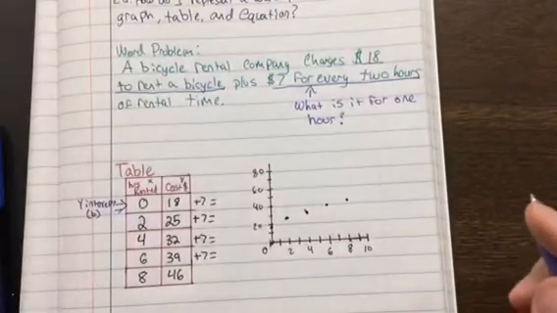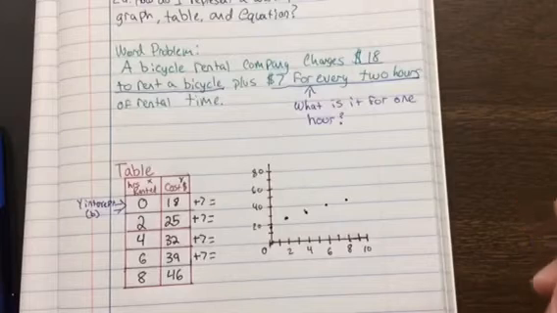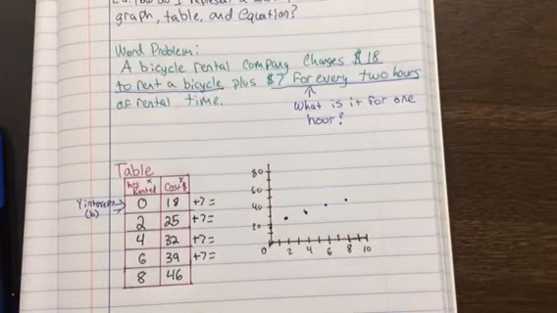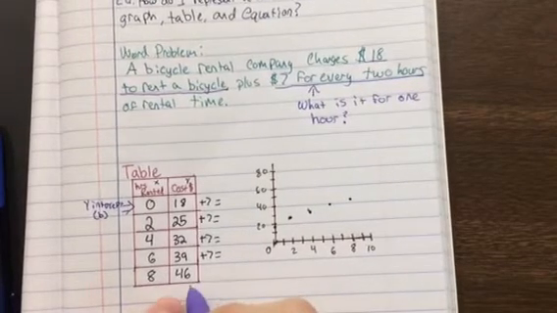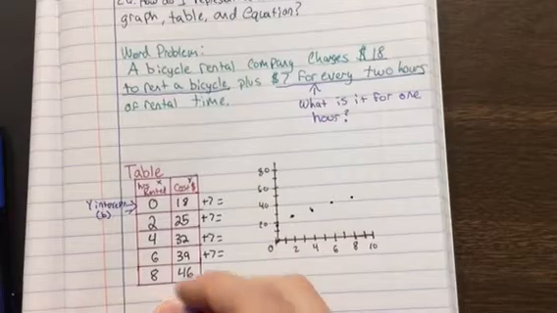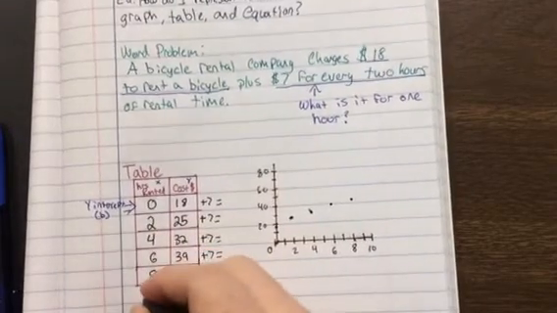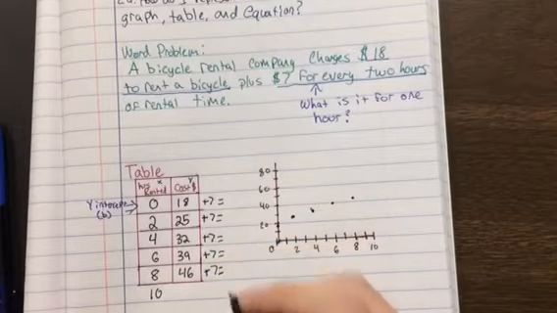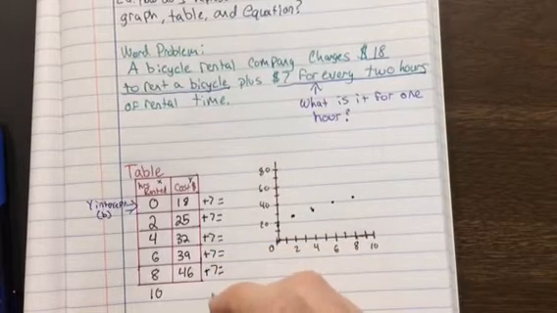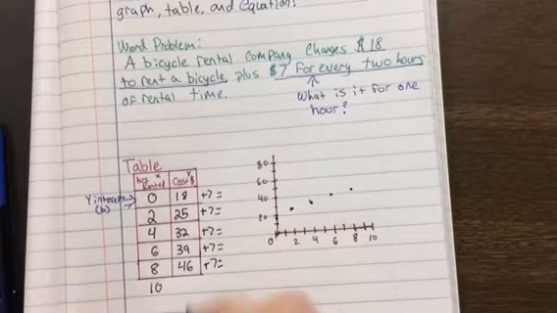If I were to extend this further, 10 would be 46 plus 7. I want you to plot that 10 by yourself.